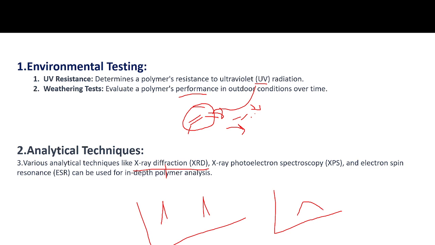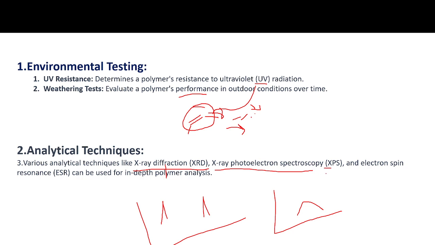And there is another technique to get an idea about what chemical species are present in the polymer system, what carbon, nitrogen, oxygen, what elements are present. We can do X-ray photoelectron spectroscopy.